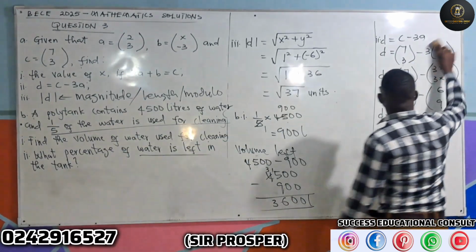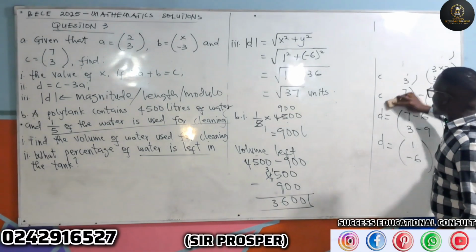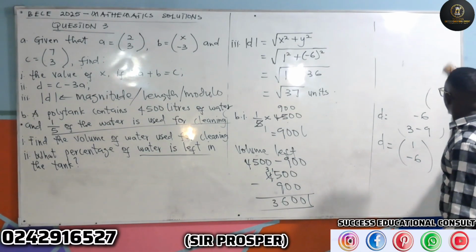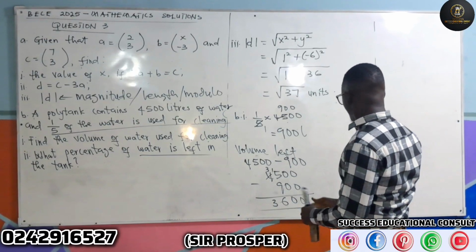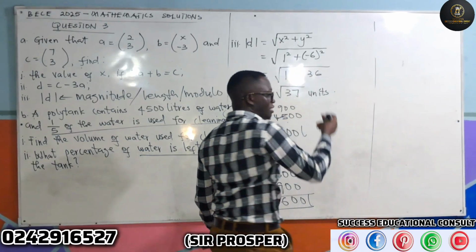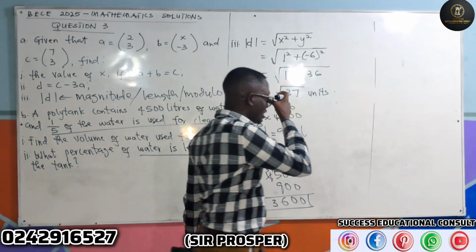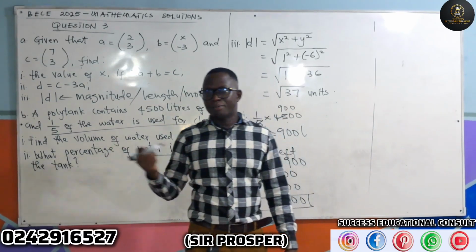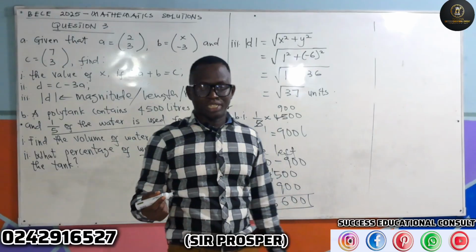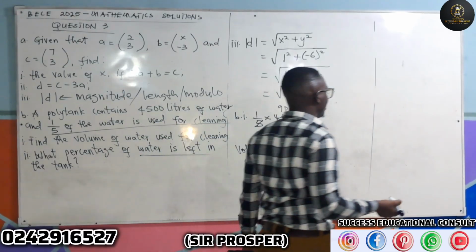After this, what do we need? We need the percentage of the volume of water left. How do we find percentage? Anytime you have to find percentage of something, just multiply by 100. What are we multiplying by 100?